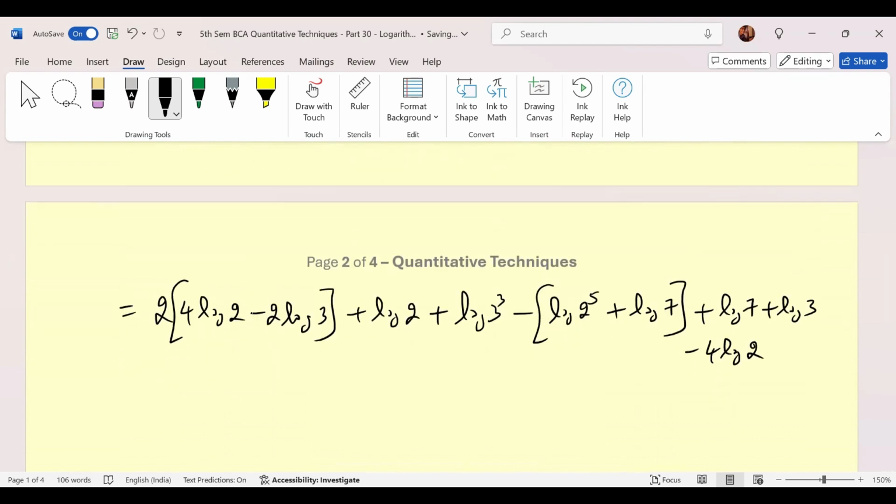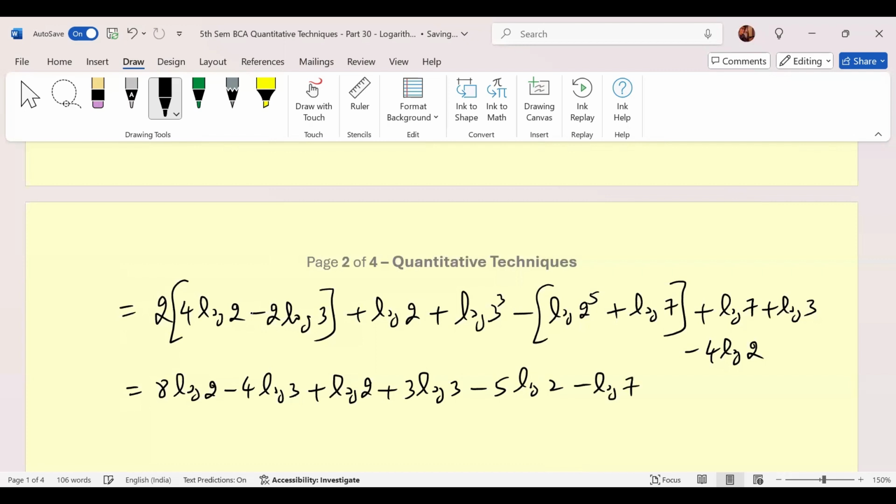Further, this can be simplified as 8 log 2 minus 4 log 3 plus log 2 plus 3 log 3 minus 5 log 2 minus log 7 plus log 7 plus log 3 minus 4 log 2. So here minus log 7 plus log 7 gets cancelled. And here we have 8.